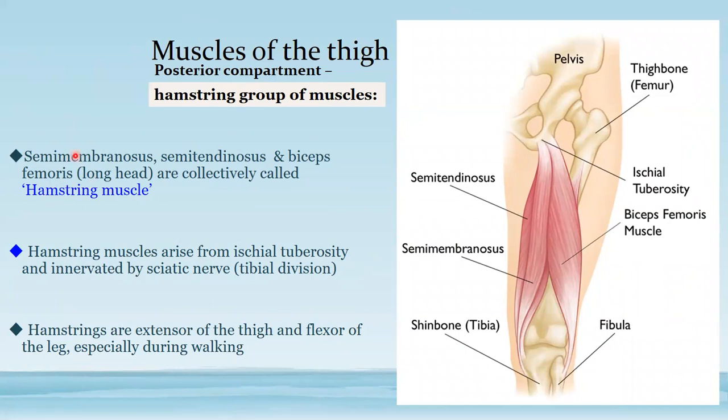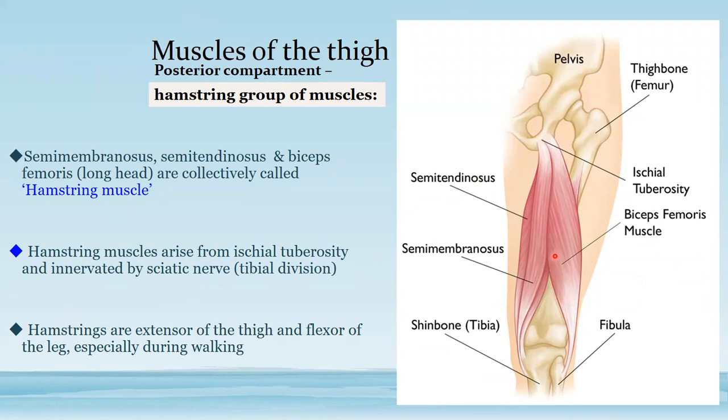So I repeat again, the hamstring muscles are made of the semitendinosus and semimembranosus. This is the semitendinosus, because it has a long tendon, and the semimembranosus is here. It's just a labeling problem.